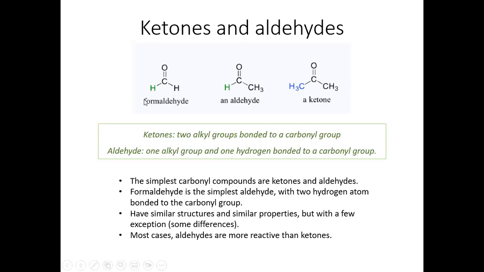You can see the structure on the left is formaldehyde, the simplest aldehyde, with two hydrogen atoms bonded to the carbonyl group. They have similar structures and similar properties, but with a few exceptions, so there are some differences. In most cases, aldehydes are more reactive than ketones. I think you know why, because of the hydrogen, right?